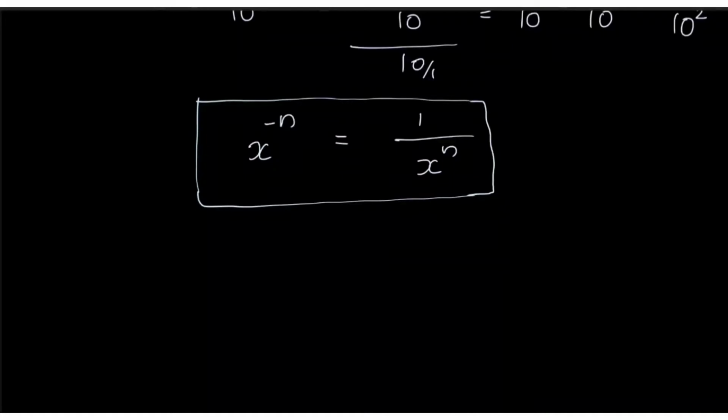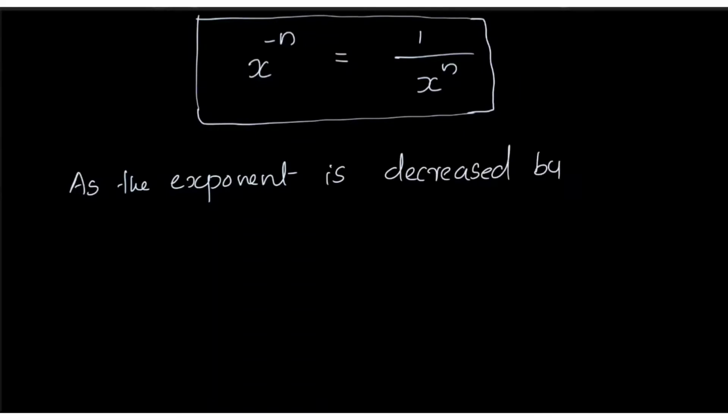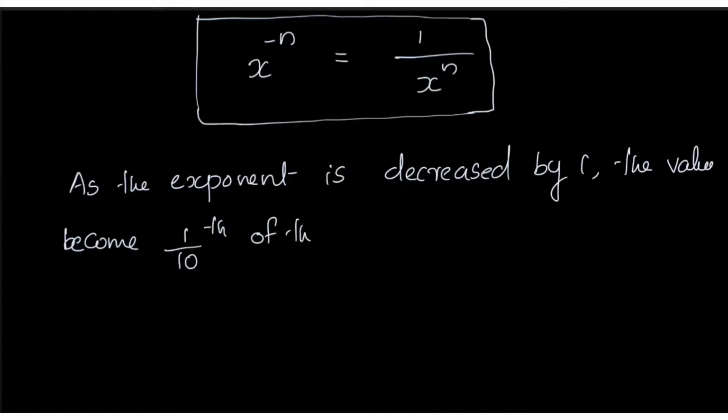So we can say that as the exponent, that is the index, is decreased by 1, the value becomes 1/10 of the previous value.